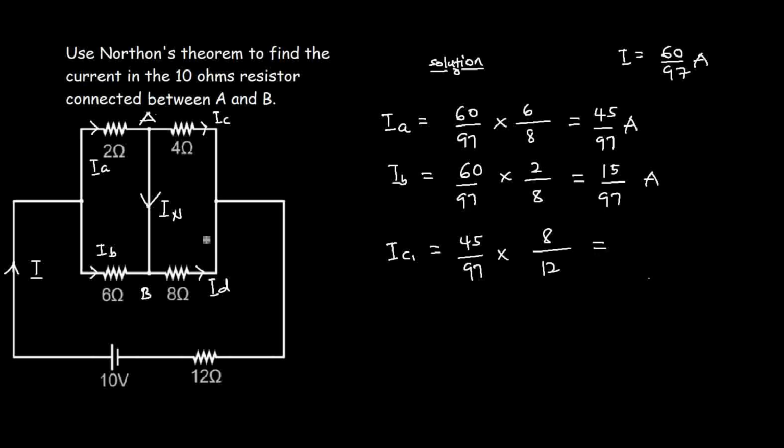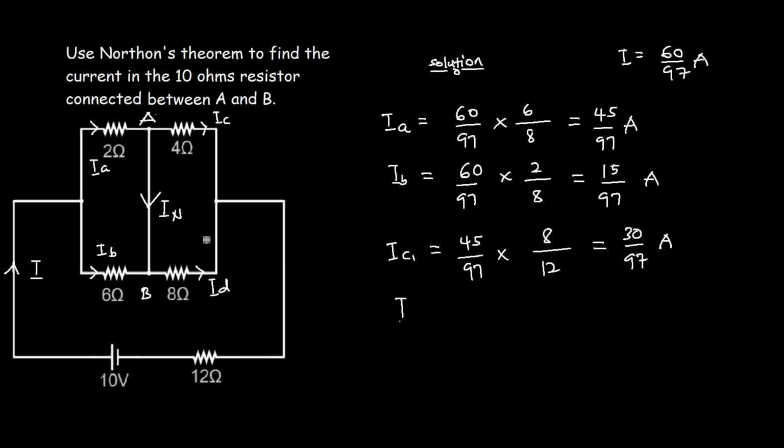So let's find the value for this. You have 45 divided by 97 times 8 on 12. This will give me 30 on 97 amperes. So when IA is acting as the source current for this part of the circuit, the current flowing through the 4 ohms resistor, named IC1, will be 30 on 97 amperes.